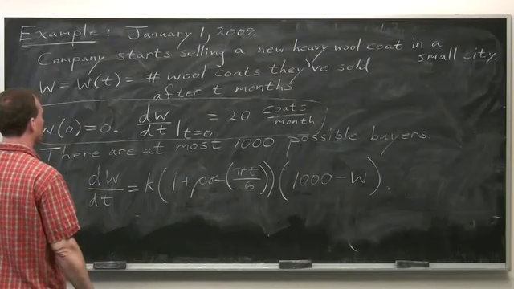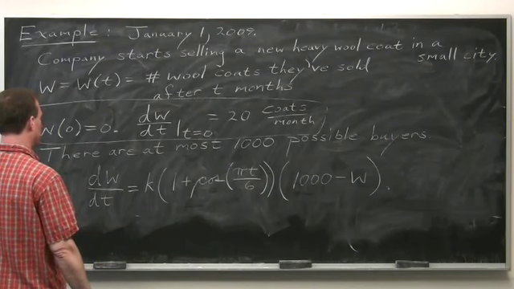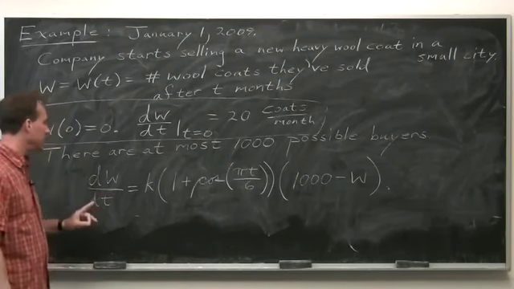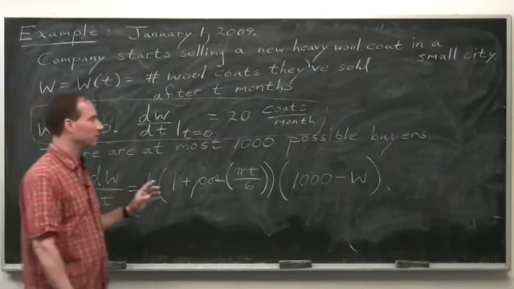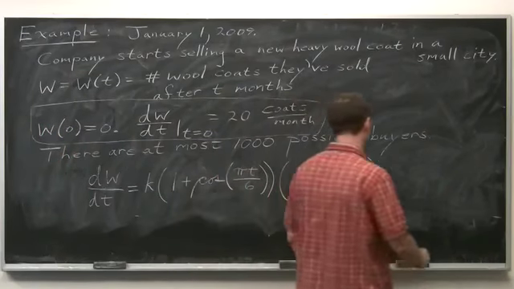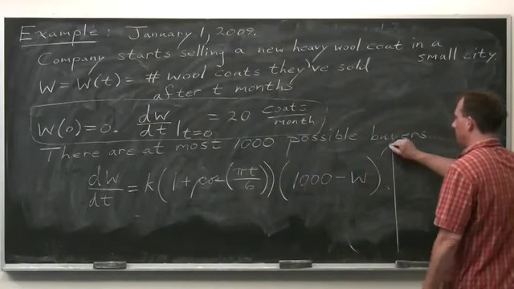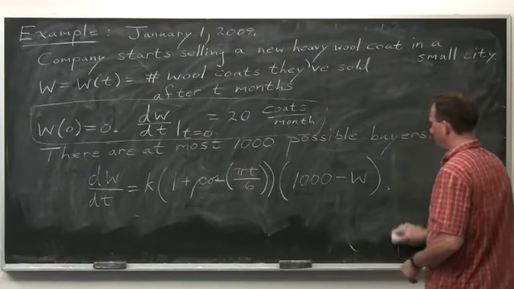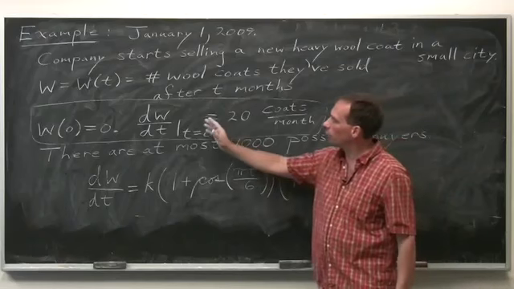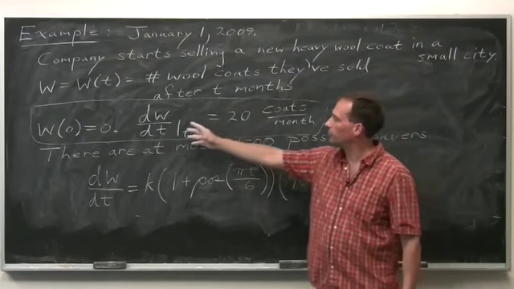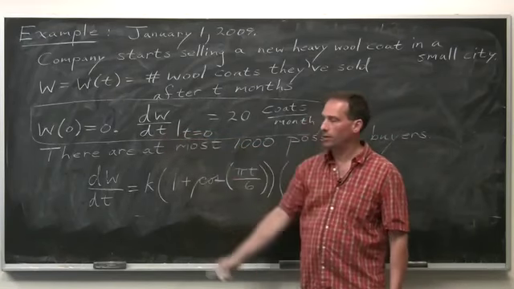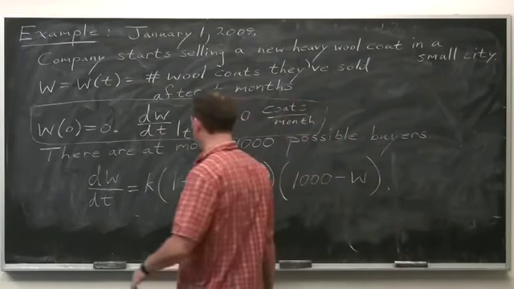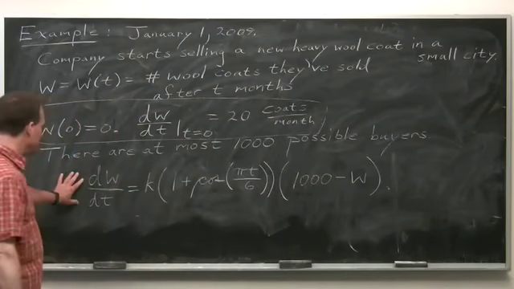But before we do that, it's kind of cool here. You can immediately solve for k without solving the differential equation. This happens sometimes. It doesn't happen too often, but at time 0, we're given both the rate of change and the value of w. Well, then we can plug that in and solve for k.